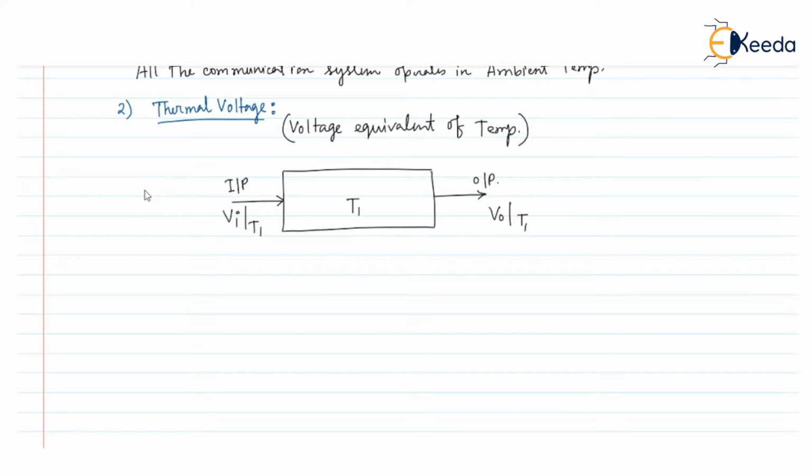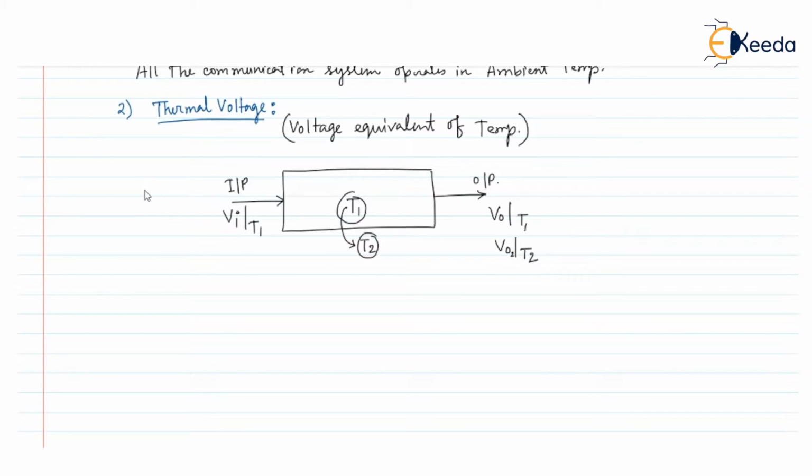Now if I change this temperature to T2, then the output voltage will change by some amount, and we will get V02, and this V02 is due to the change of the temperature from T1 to T2.